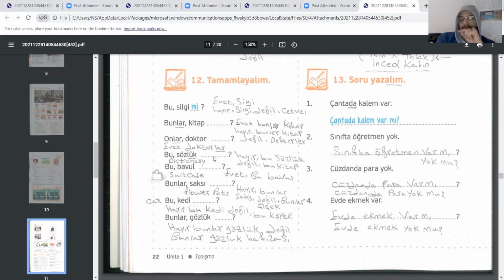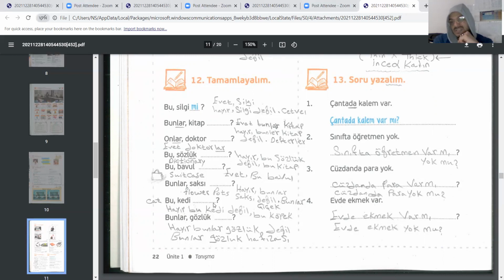We'll put M and U with two dots, to be mü. Bu sözlük mü? Bu bavul mu? Bunlar saksı mı? That means M and the short I. Bu kedi mi? Will be M and I.